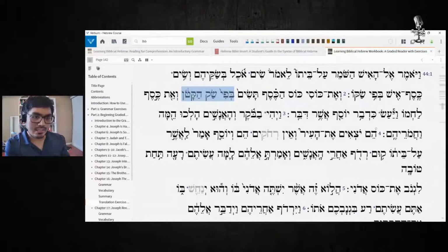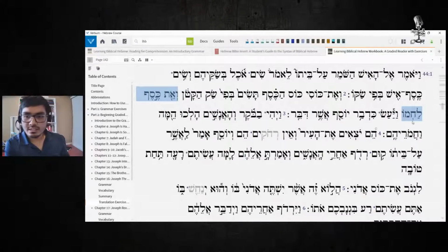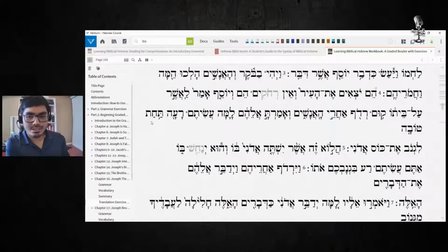You'll place in the mouth of the sack, the small sack, the smallest sack rather, and the silver of his grain, and then you will do according to the word of Joseph, which he spoke. And he did according to the word of Joseph as he spoke. So Joseph asked the chief guard, the guard of the house, to put the silver cup in the smallest sack, the one that's going to be Benjamin's rather.